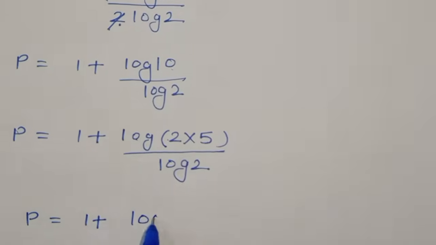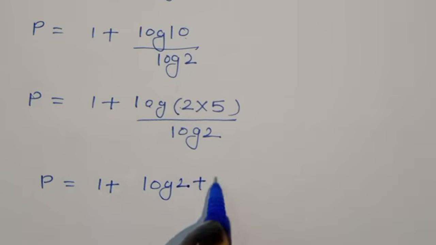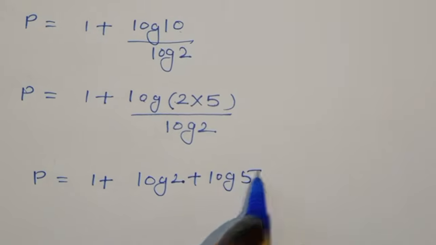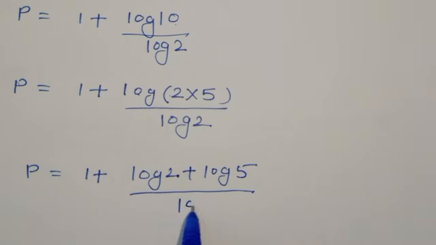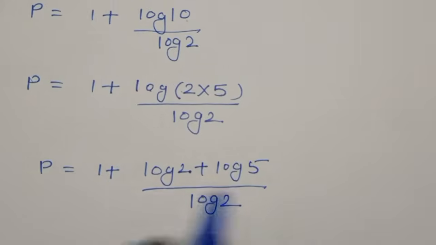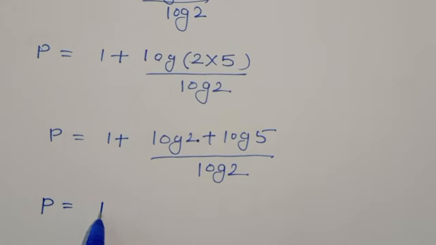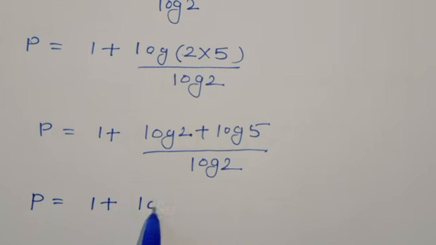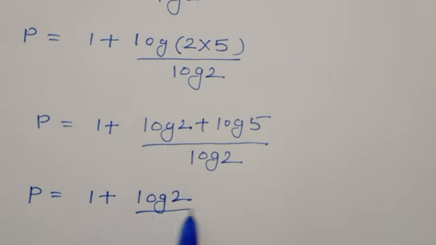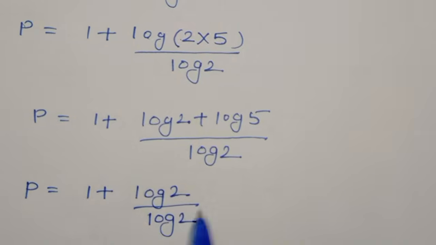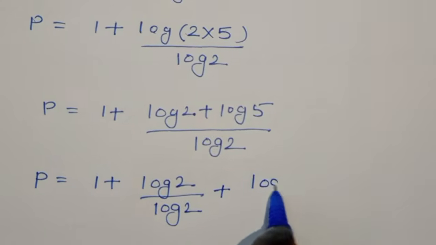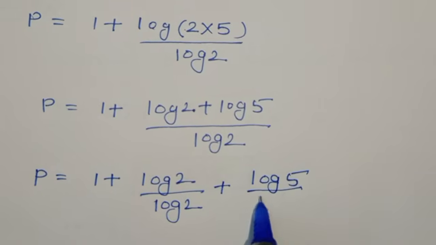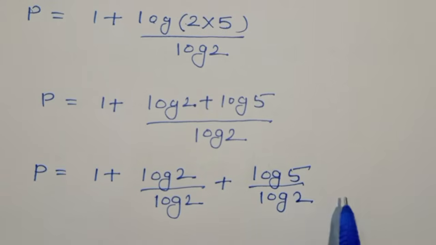1 plus log of a, that is 2, plus log of b, that is 5, divided by log of 2. Now p is equal to 1 plus log of 2 divided by log of 2, plus log of 5 divided by log of 2.